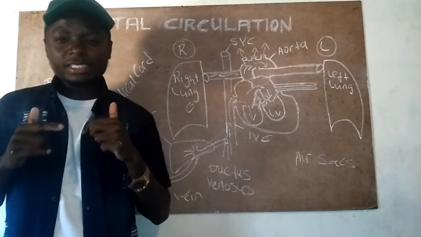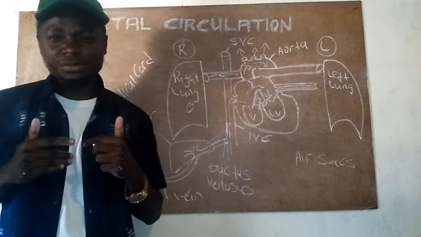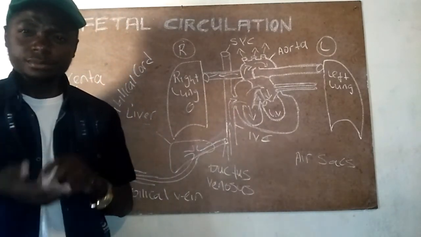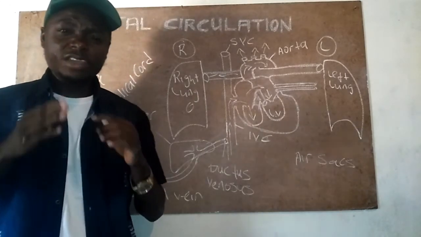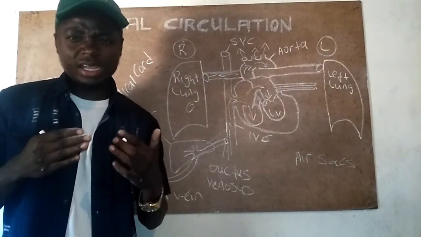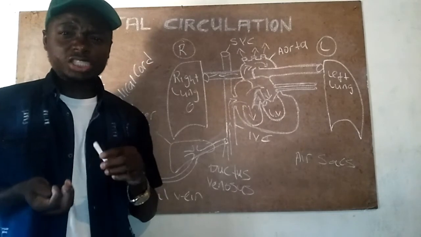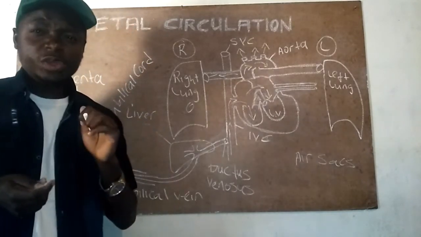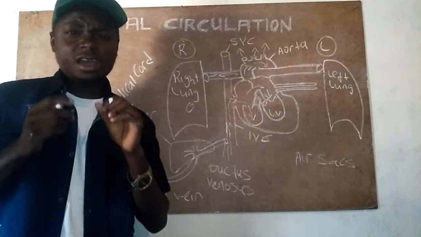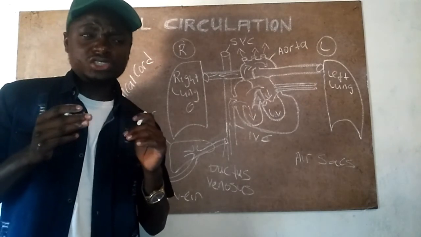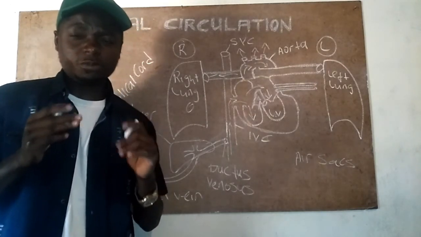And the Ductus Arteriosus is very important in that it prevents the damage to the heart as a result of the pressure which is coming from the pulmonary arteries, which is supplying the lungs, of course, with blood.